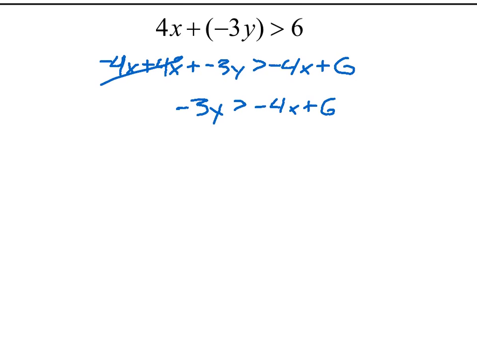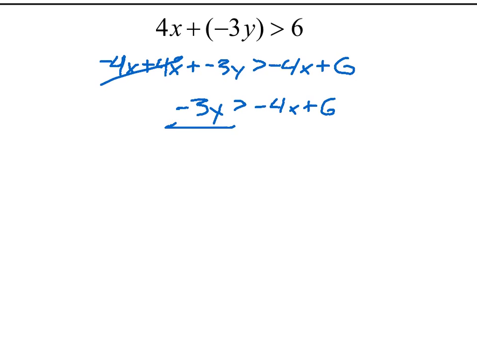We have the y term alone, which leaves us with one inverse operation. Ms. Banks, what is that inverse operation? We already got the negative 4x moved. We got the y term alone. We want to solve for y. So we have one inverse operation left.